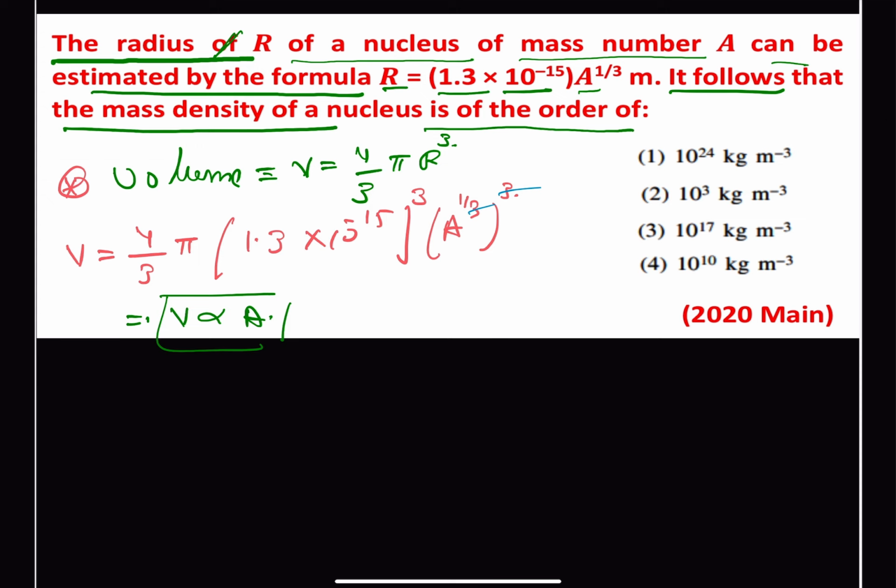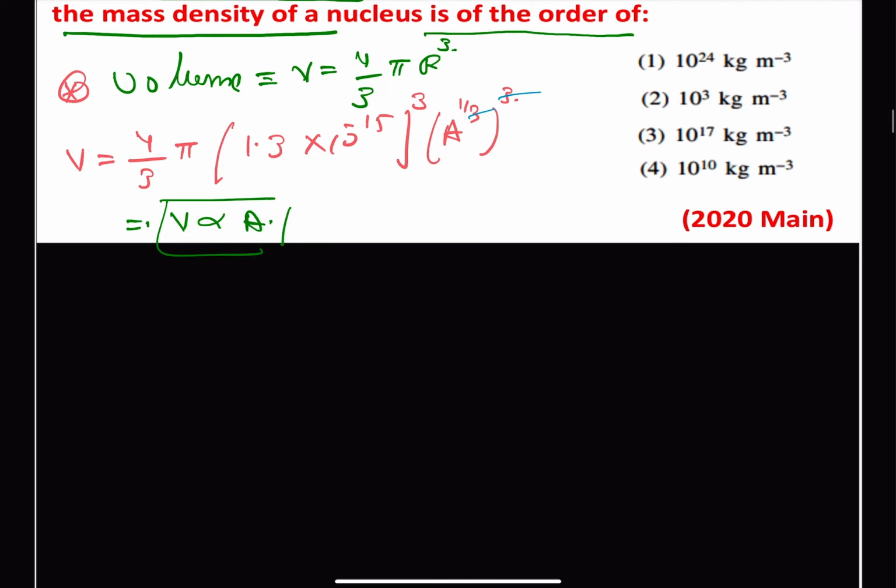And from the mass number, we can also find out our nuclear mass. So we can say that our nuclear mass is equal to A multiplied by Mp, where this is the mass of a proton or neutron, and that is approximately 1.67 into 10 to the power minus 27.